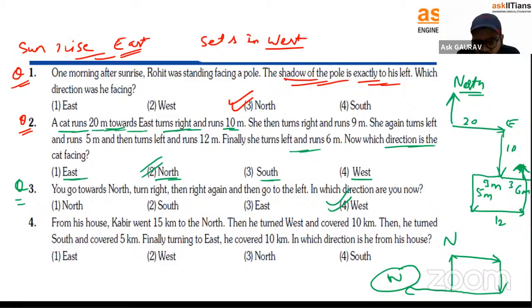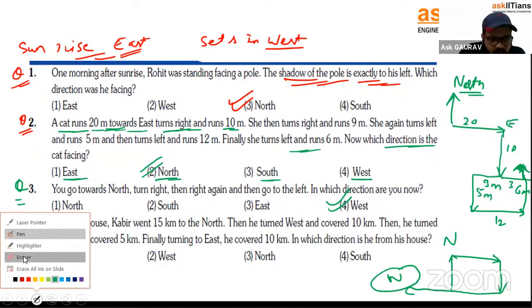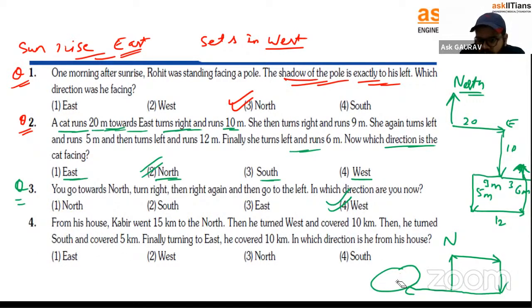North, then turn again right. Then again right. Then go to left. He is going to left now, so he will not move like this. He will go to left. So left will be this direction. So yes, that will be east.